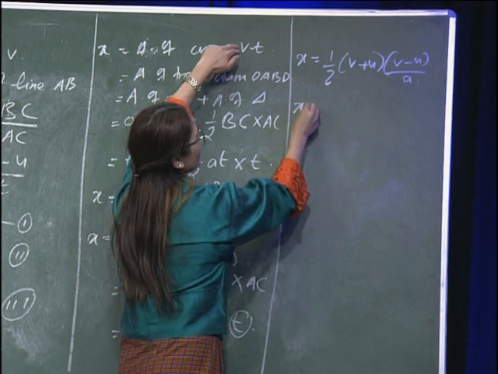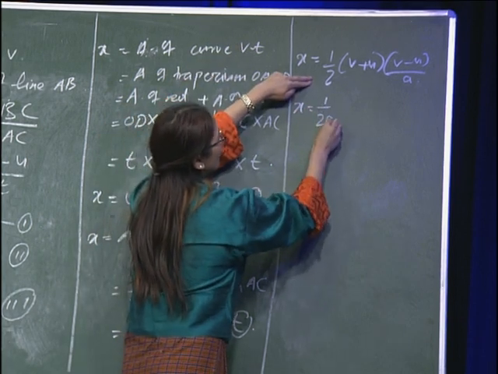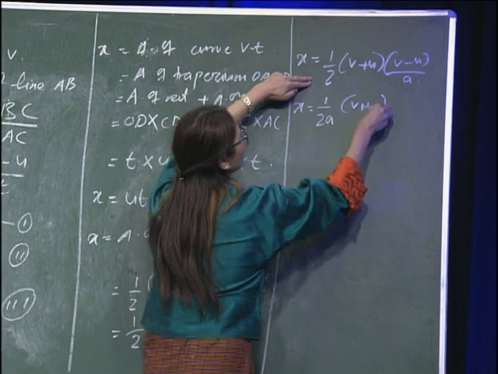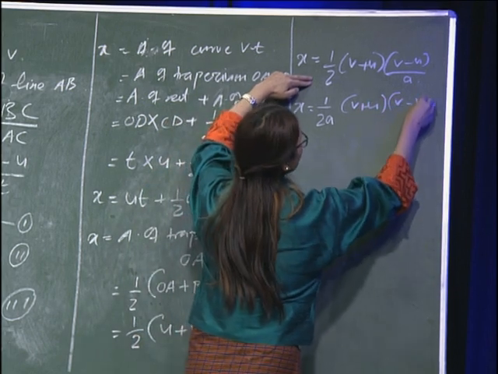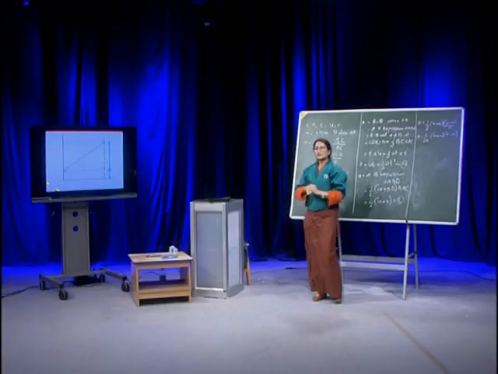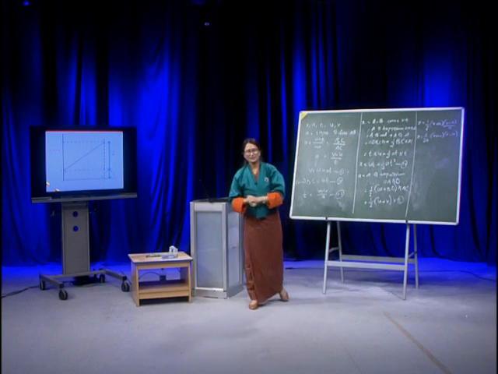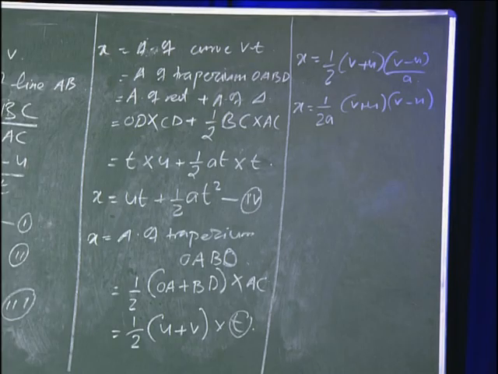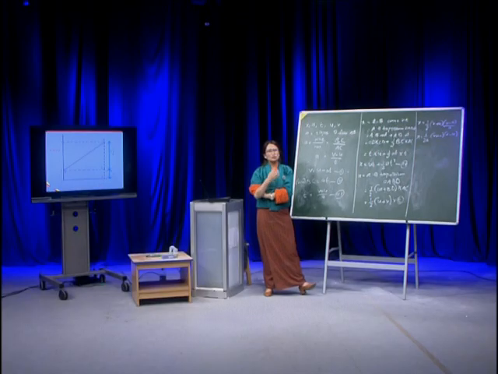Okay, so let's rearrange this: 1 by 2a times v plus u times v minus u. Okay, now this v plus u and v minus u looks very familiar. It's a mathematical rule where we say a plus b times a minus b is equal to a square minus b square.